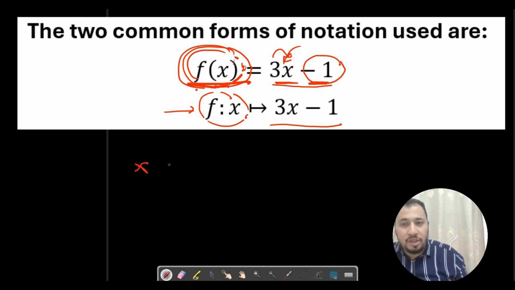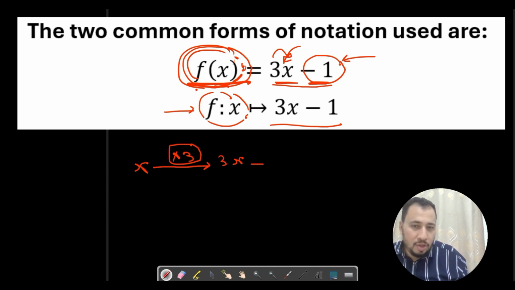The first operation is that x is multiplied by 3, so you will have 3x. After that, you'll subtract 1, so it will be 3x minus 1.